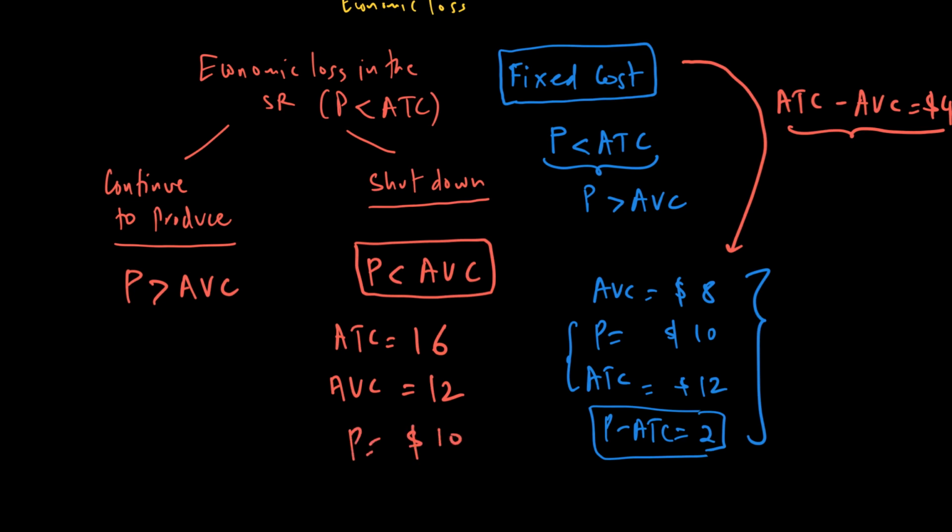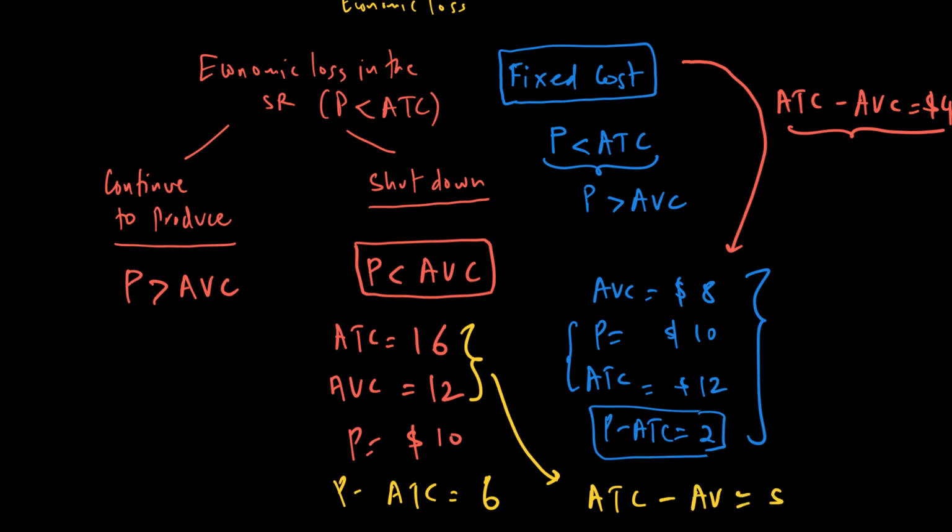In this case, P minus ATC, my loss is 10 minus 16, or $6 per unit. So I'm making a loss of $6. But what if I shut down? Then I still pay a fixed cost of ATC minus AVC, which is $4.